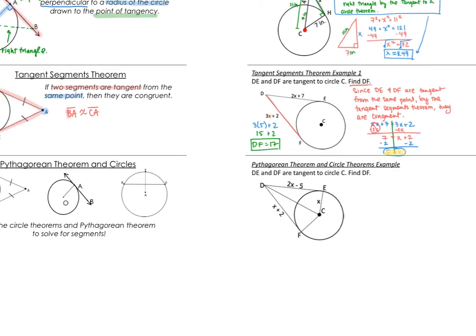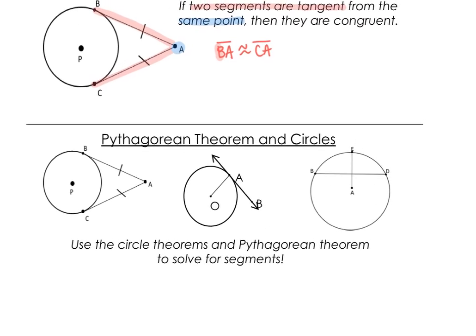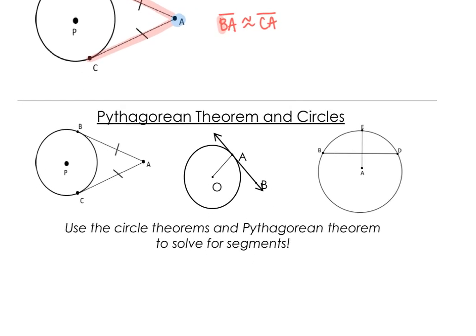All right, my last piece of notes here is just re-emphasizing the fact that we can use the Pythagorean theorem and our circle theorems to solve for missing segments. In each of the three cases we looked at, you can form a right triangle. In the first case, the one we just talked about, we apply two theorems.